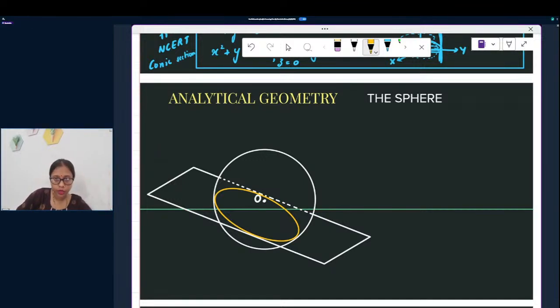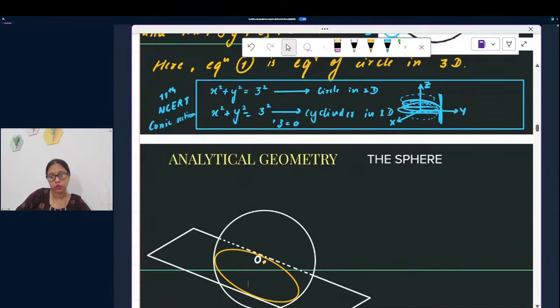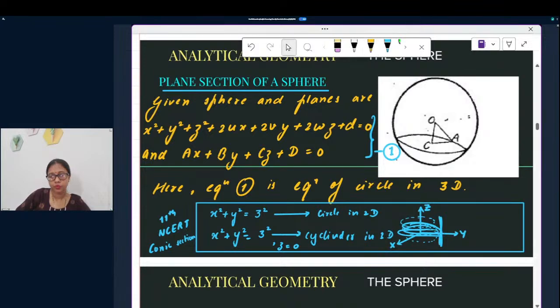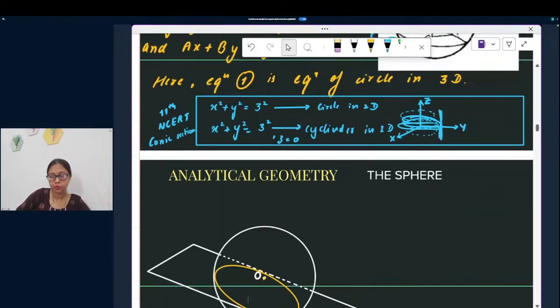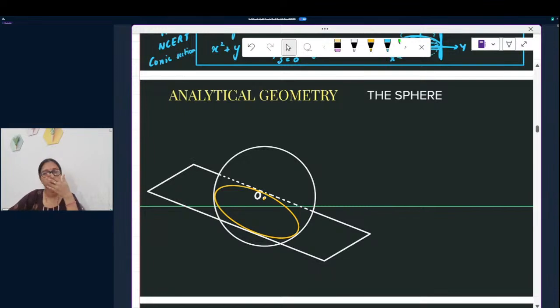So if I drop a perpendicular from here on the plane, let's say this is a line on the plane, and here I drop a perpendicular.